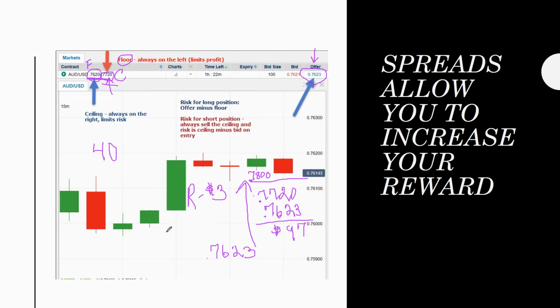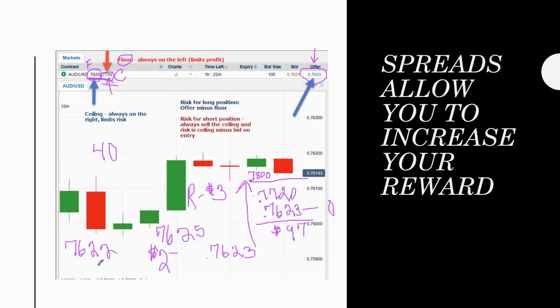Okay? What if it only moved to 76.25? In that case, I would have made $2. What if it was at 76.23? Then that is what I call a scratch trade. I didn't lose any money. It's a break even. Okay? Let's say that it was at 76.22 at expiration.